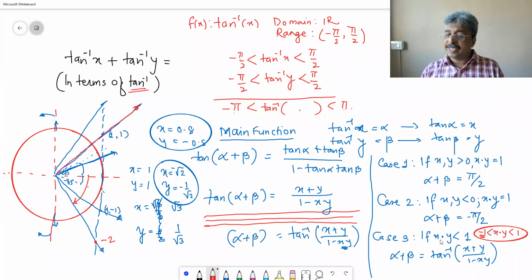If x into y is equal to minus 2, that means either x is positive or y is positive and the other is negative. In that case, if the signs of x and y are opposite, anyway you are in the safe zone. The addition will not cross pi by 2 and minus pi by 2. Therefore, we need not have a lower bound condition for x into y. Only the upper bound, x into y less than 1, is important.